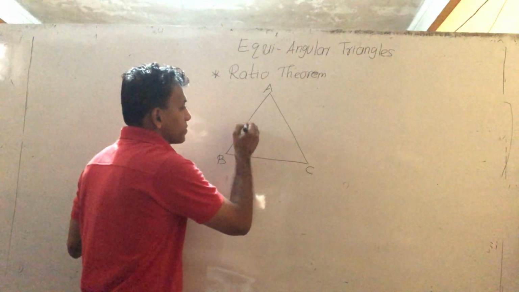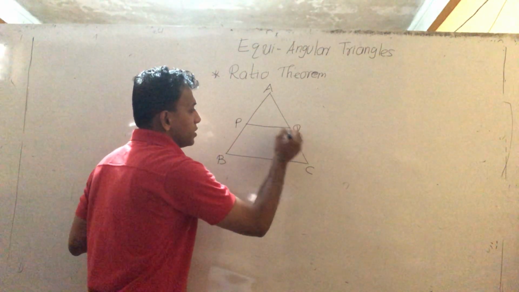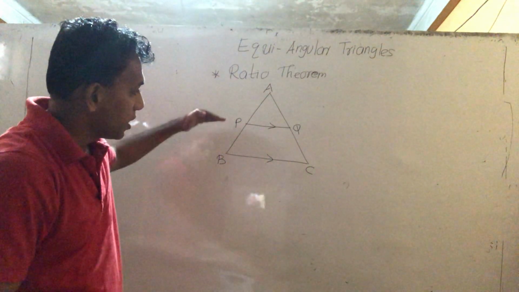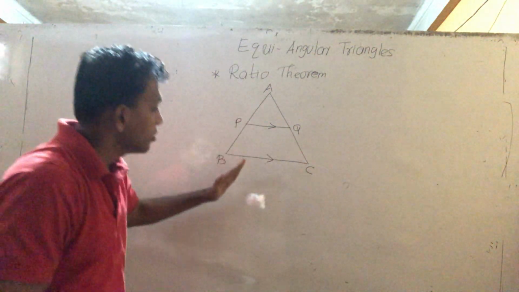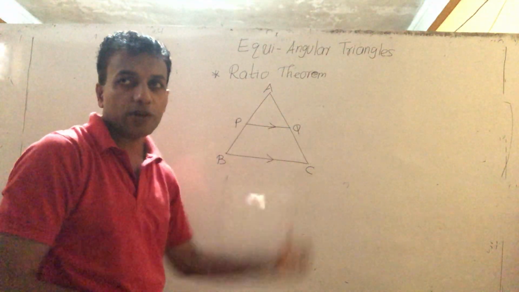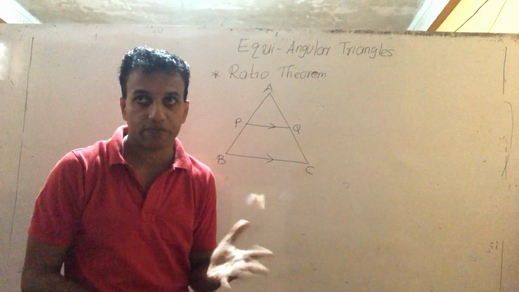So if I draw this one, I say PQ, these two are parallel. So the line is drawn parallel to another side here, BC. We can draw one parallel to AB, or to AC, so there are three parallels in this case.